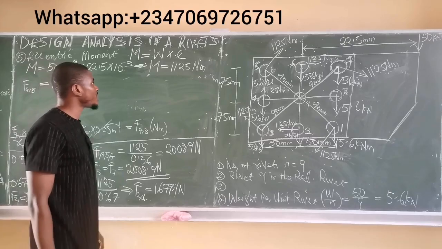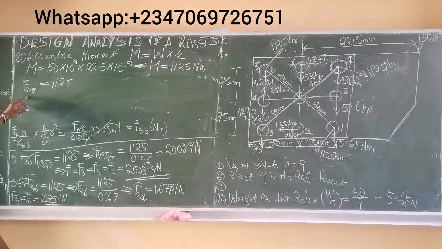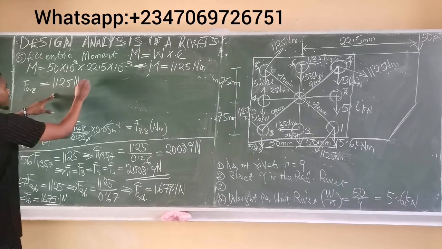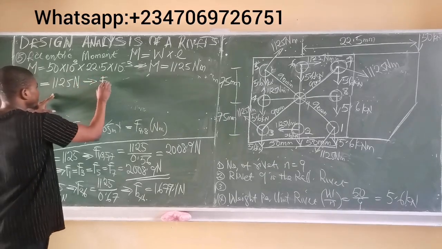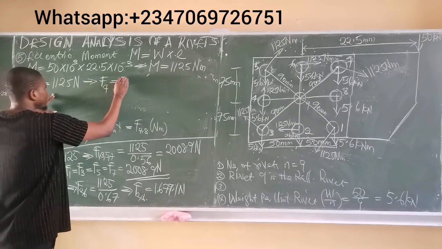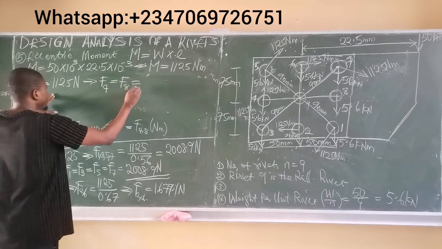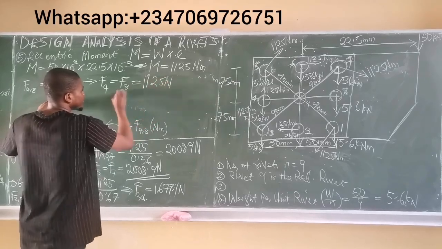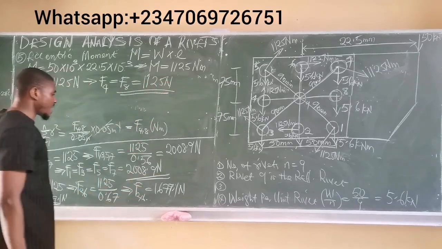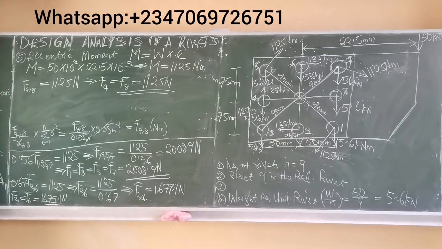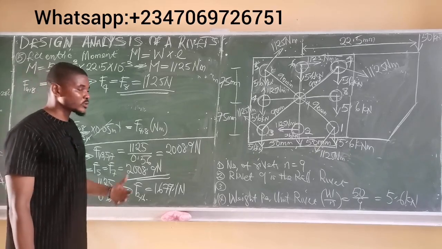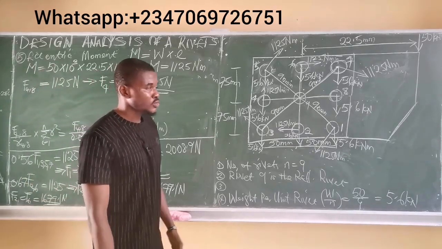Which means automatically the force between rivet 4 and 8 is simply 1125 newtons. So rivet 4 has a force equal to rivet 8, and the value of that force is 1125 newtons. All right, so these are the individual loads, or the individual forces, which act on each of the rivets, according to what the question is asking us to find.